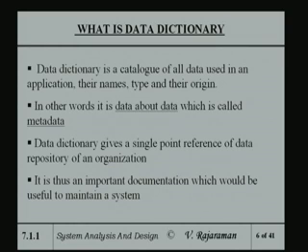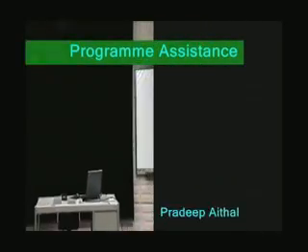Data dictionary gives a single point reference of the data repository of an organization. This is an important documentation which would be useful to maintain a system. I said this earlier, but I am essentially repeating it to reinforce it, and this is where I will stop and will continue next time from this point onwards.